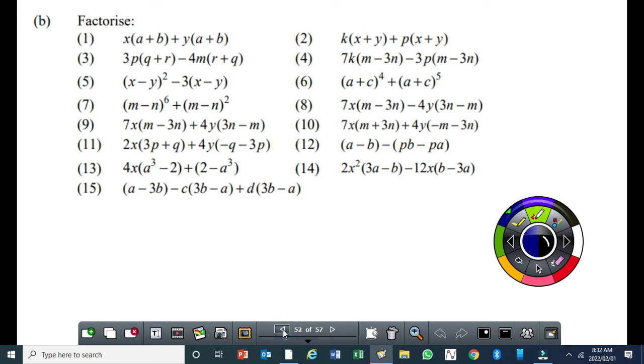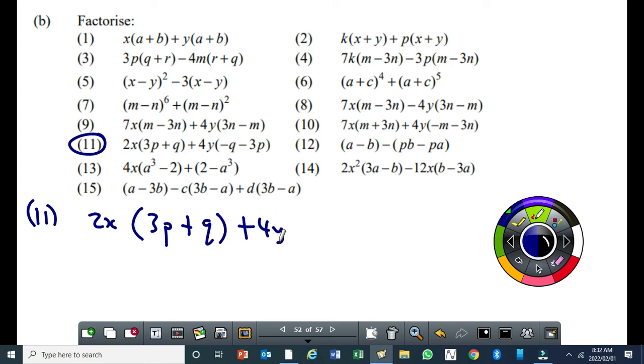So the next one is question 11. It's the same way. So we have 2x times (3p plus q) plus 4y times (minus q minus 3p). Now this one here, we've got a 3p plus a q here. Here we've got minus q minus 3p.